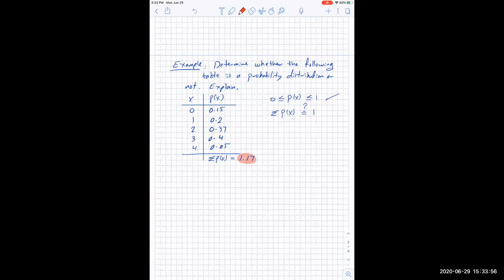So we're going to say the sum of the probability values is not equal to 1. And therefore, this distribution is not a valid probability distribution.